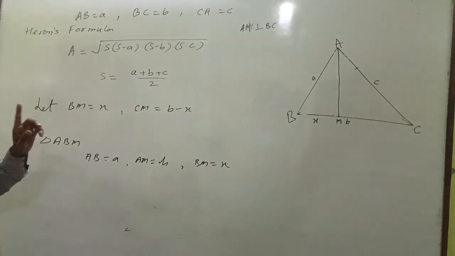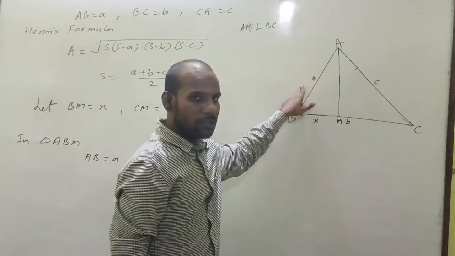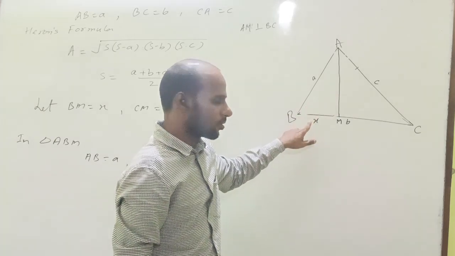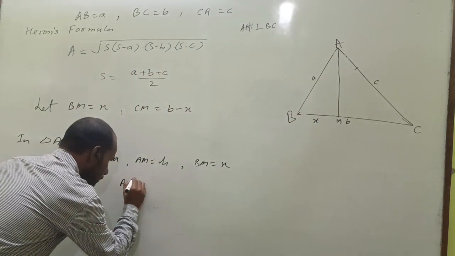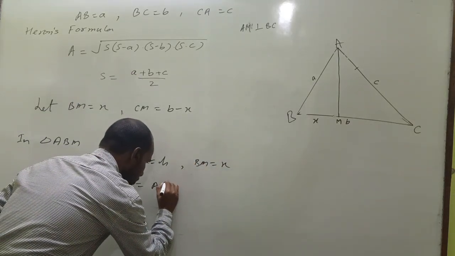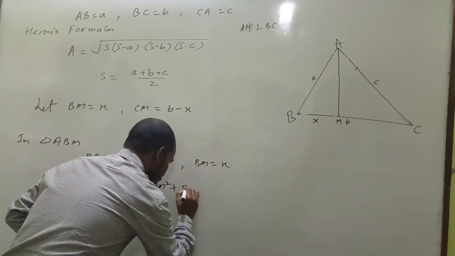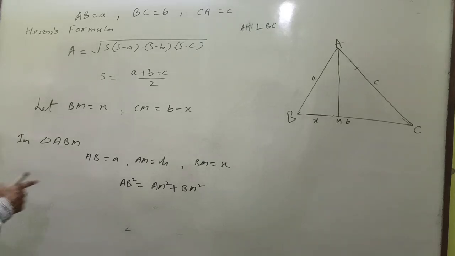Now apply the Pythagoras formula, that is hypotenuse square is equal to perpendicular square plus base square. So in this case it would become AB square is equal to AM square plus BM square. Now put the value of everything.